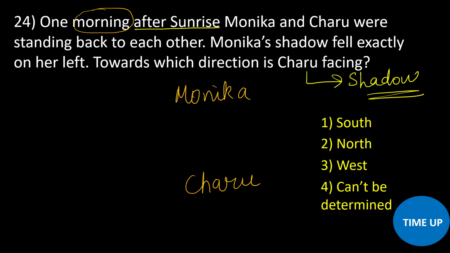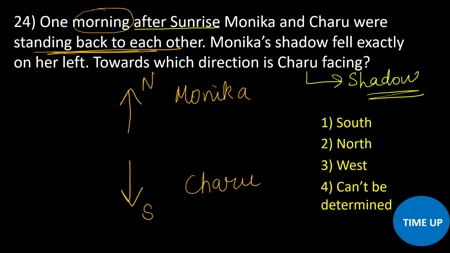They are not facing each other, they are standing back to each other. So if Monica is facing north, Charu will be facing south, because they are standing back to each other. So if this is north, this is south, they are facing, suppose.